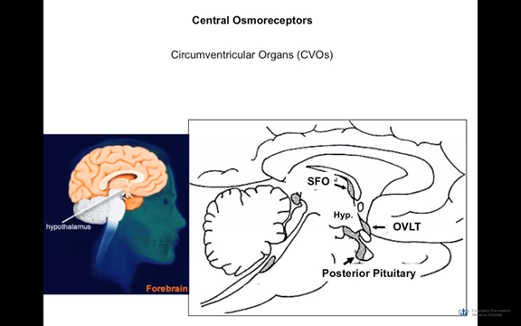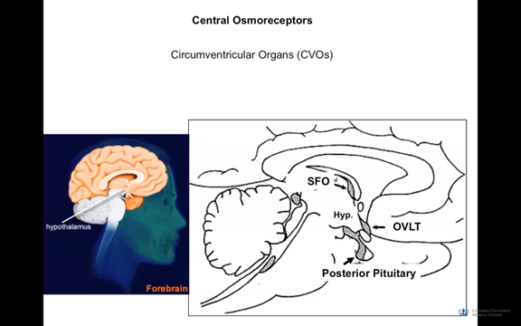And there are two of these circumventricular organs, one called the SFO, the other called the OVLT. And these two circumventricular organs are what we call our central osmoreceptors.